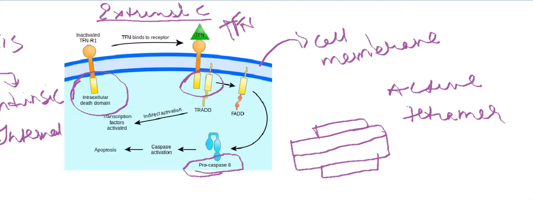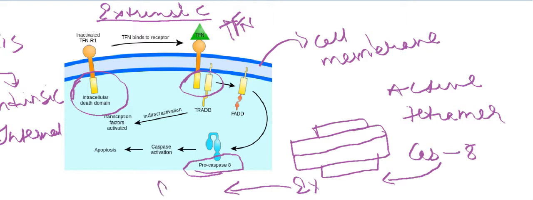Now, the active tetramer is called caspase 8. This caspase 8 will in turn activate executioner caspases, and those executioner caspases will carry out apoptosis. The function of caspases has already been discussed in previous videos. So this is the extrinsic pathway of apoptosis.